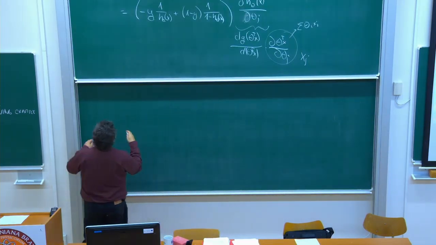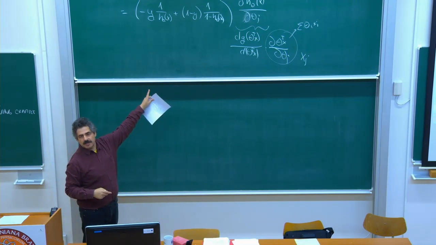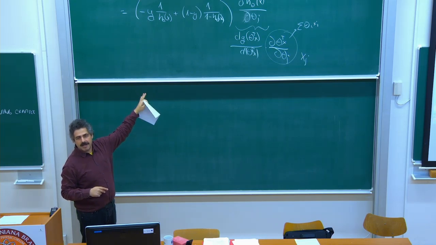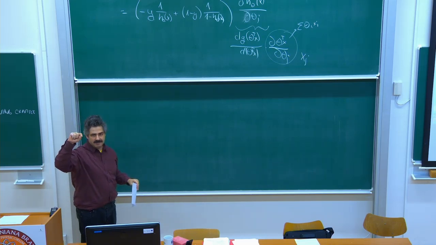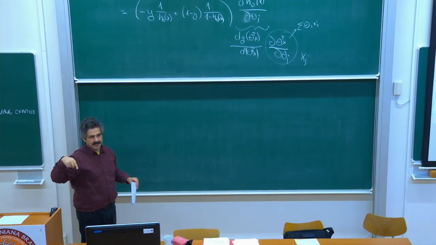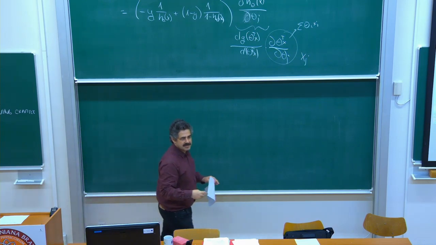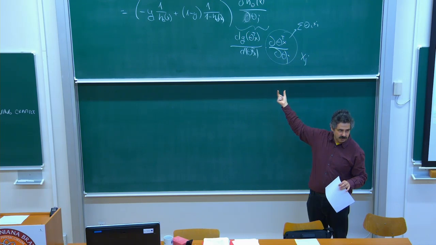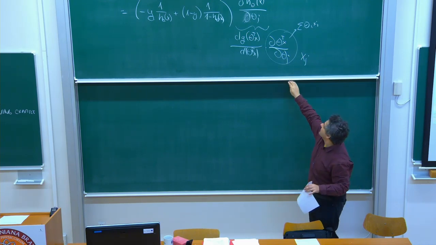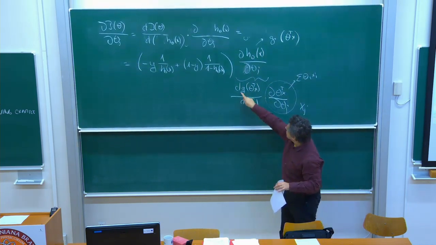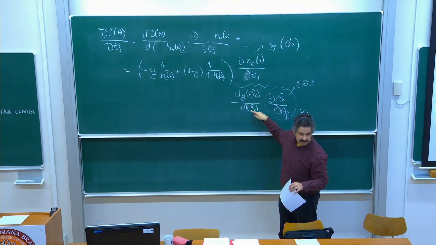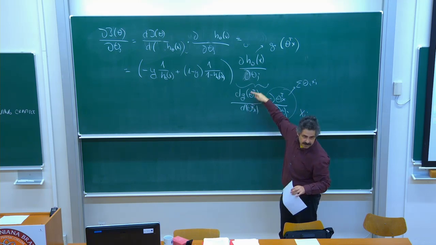So one thing that I'm doing that you might not have seen, I'm at least trying to be consistent. Sometimes I write delta for partial derivatives, and sometimes I write d for real derivatives. The only difference is that when I'm writing d, there is only one variable involved. For example, here I have written d because there is some function g of something, and this is the only variable involved.